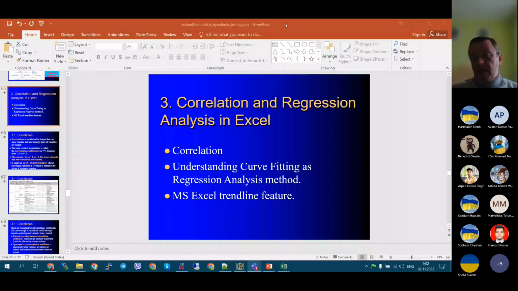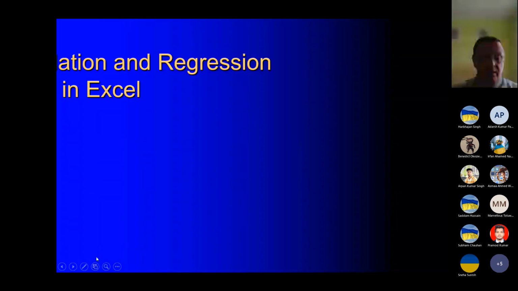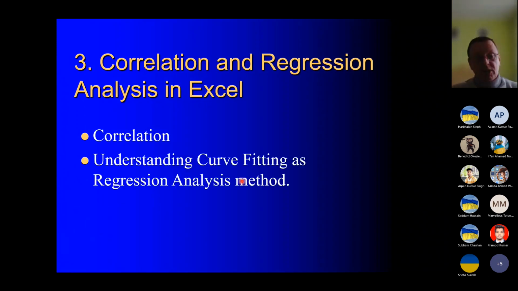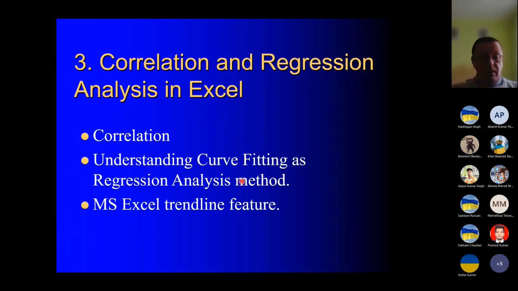So previous time I finished on hypothesis testing and provided an overview of it, and right now we continue with another possible type of analysis. Let's start with correlational analysis.